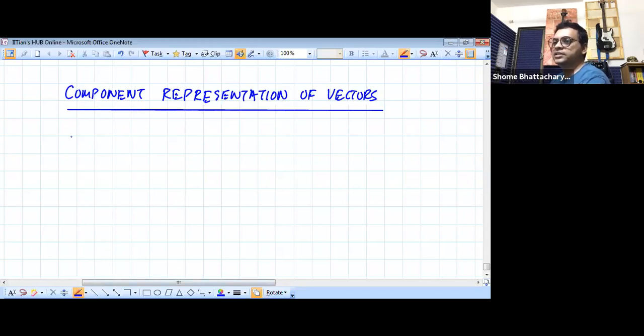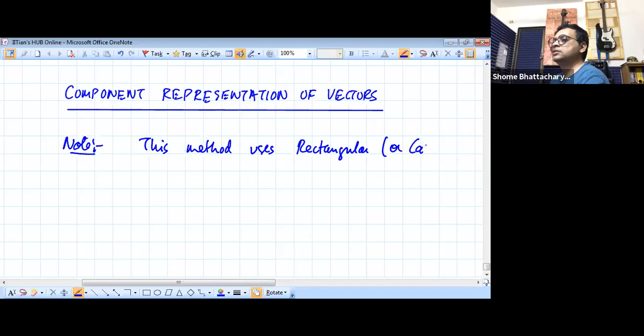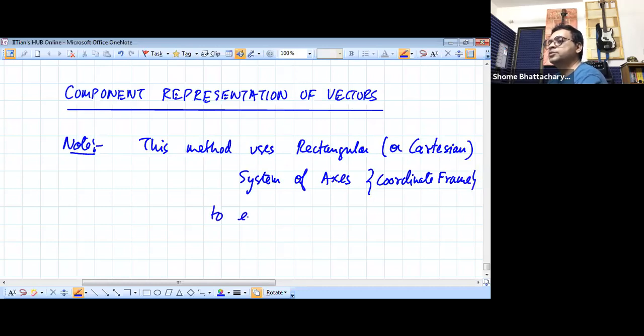So component representation makes use of coordinate frames. So this method uses a rectangular, or what we call Cartesian, system of axes, or you can say coordinate frame, to express a vector.